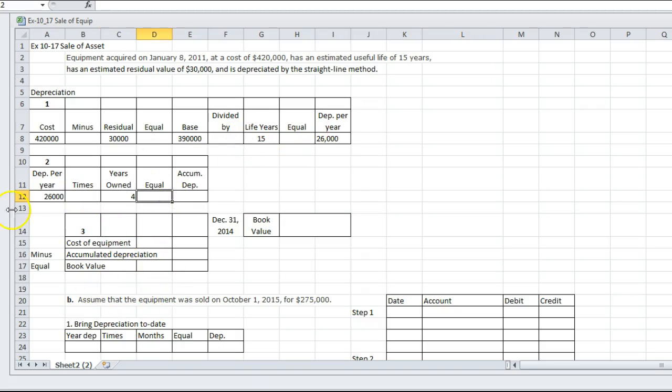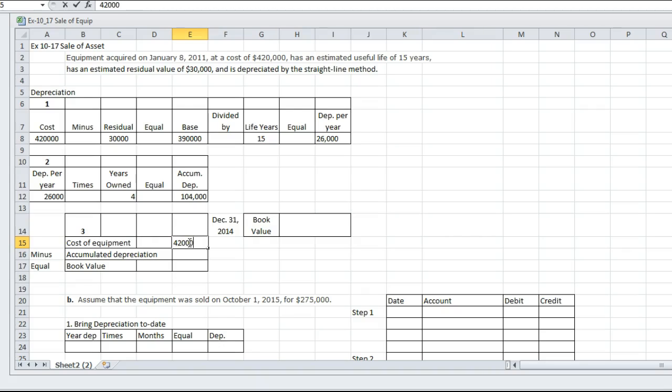Well, if it's $26,000 a year and we depreciate it for 4 years, our accumulated depreciation comes to $104,000.